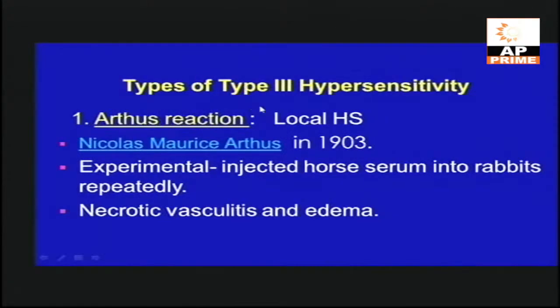So, the type 3 hypersensitivity reaction is of two types. One is Arthus reaction and the second one is serum sickness. Arthus reaction is actually an experimental reaction, and it was done by Nicolas Maurice Arthus in 1903, and it is a localized hypersensitivity reaction, and it occurs when large amounts of horse serum are introduced into rabbits repeatedly.